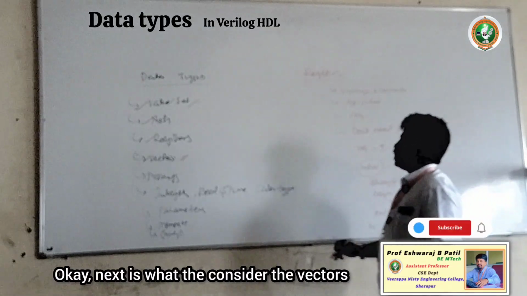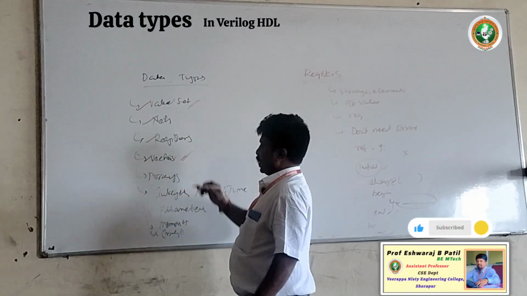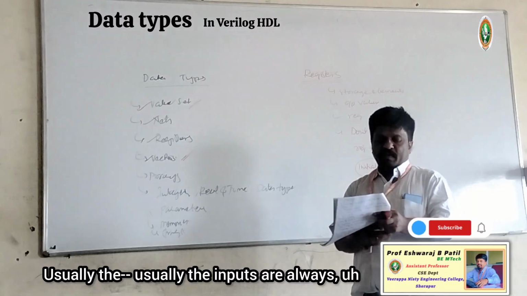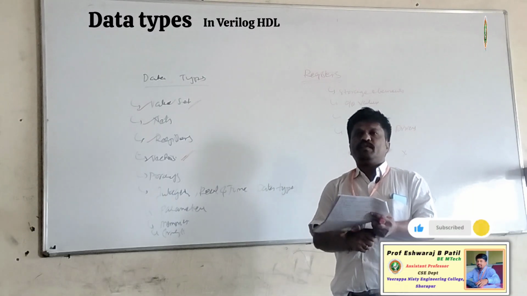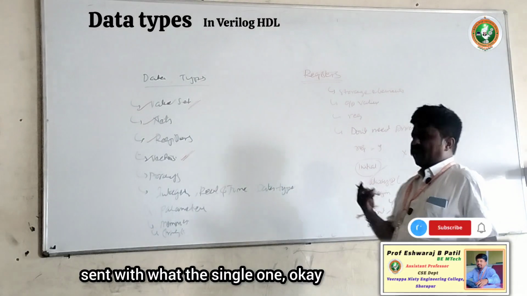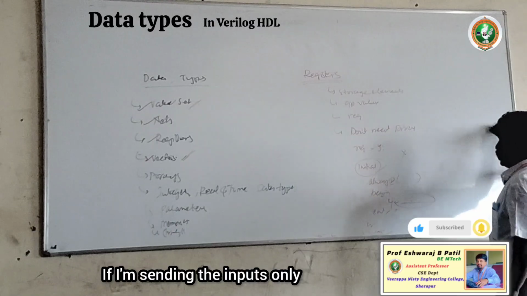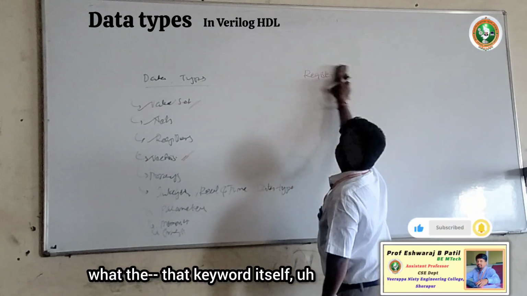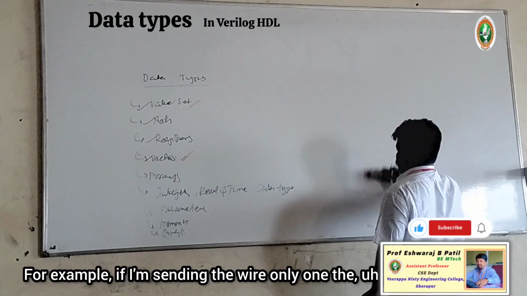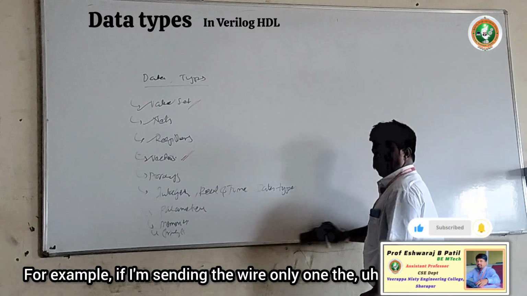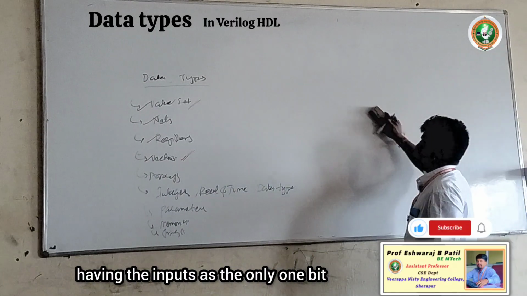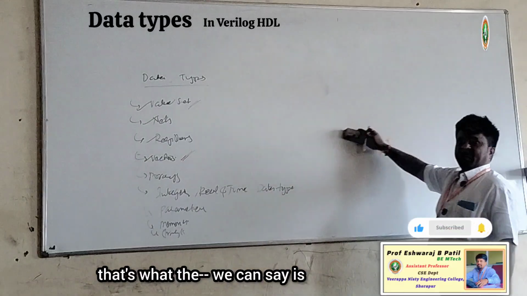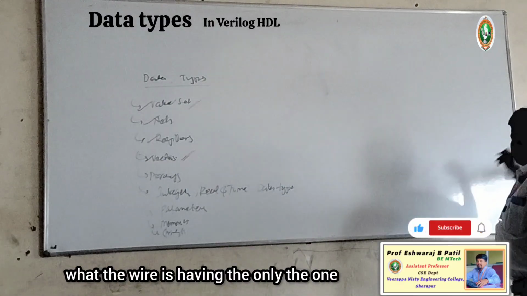Okay, next is the vectors. Usually the inputs are sent as a single bit. If I am sending only a single bit, then definitely I can use that keyword itself. For example, if I am sending a wire with only one bit, we can say the wire has only one bit.